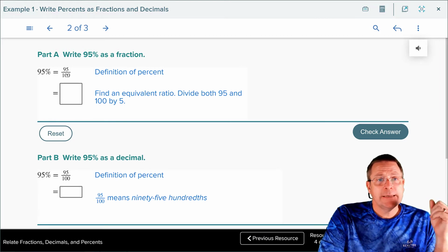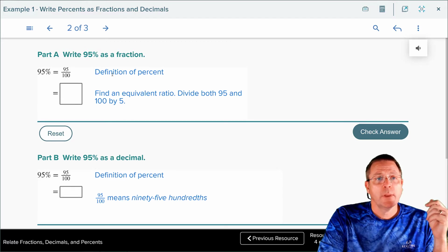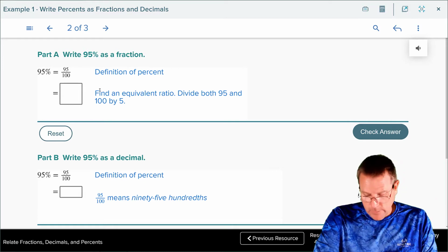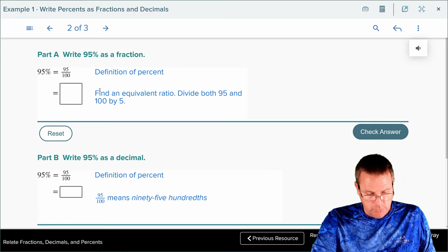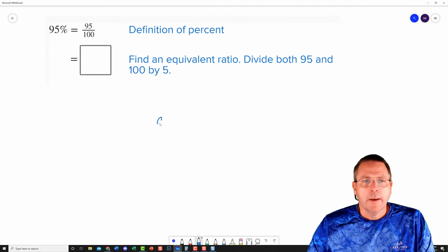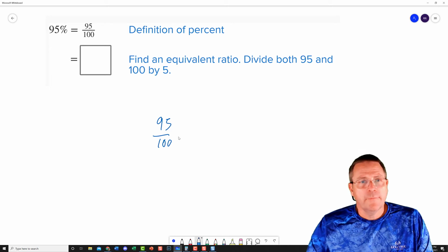Now, that is not in simplest terms. You always have to be able to simplify your fractions. In simplest terms, we're going to be finding that equivalent ratio. Let's do a screenshot. So in this problem, I've got 95 over 100. I need to simplify it.